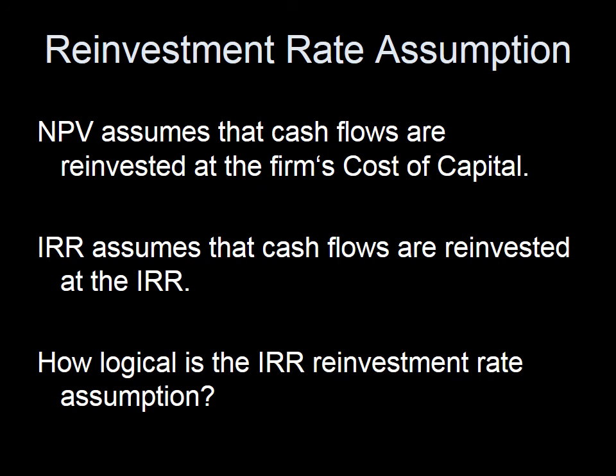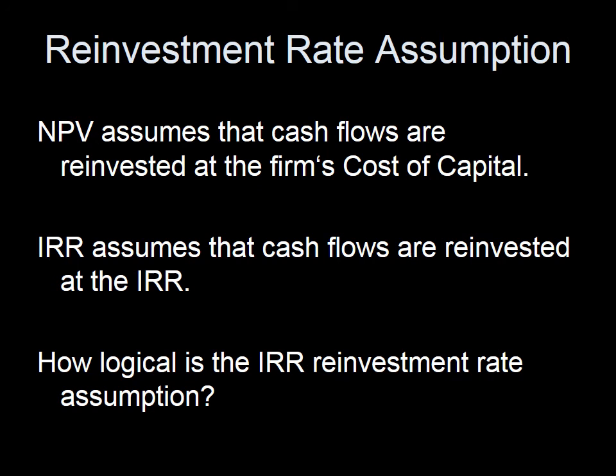And again, I know that's kind of a hard concept to grasp, so please read that over again in your textbook. They talk about it there, and I can answer any questions that you have about that in class. Okay, so then that makes the internal rate of return reinvestment rate assumption really not quite logical, just because it's not comparable.